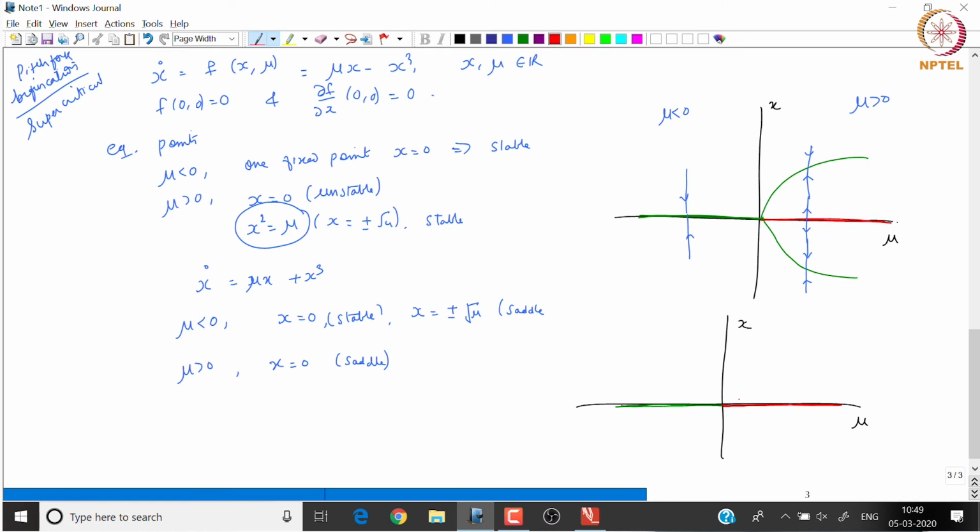And for the other side, I am looking at this curve x square is mu, and there will just be a series of unstable points like this.